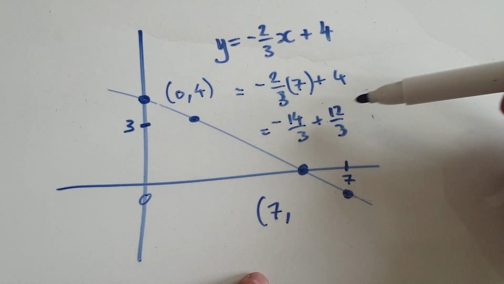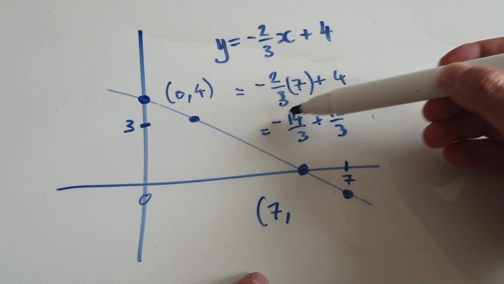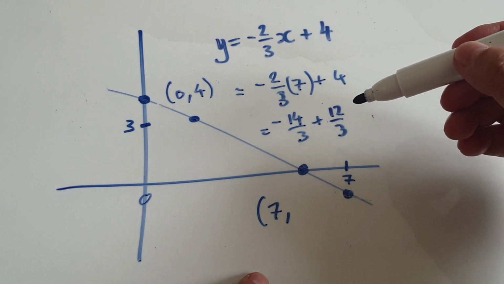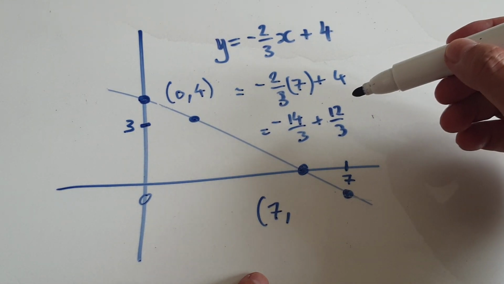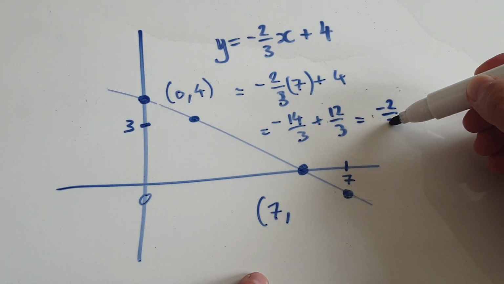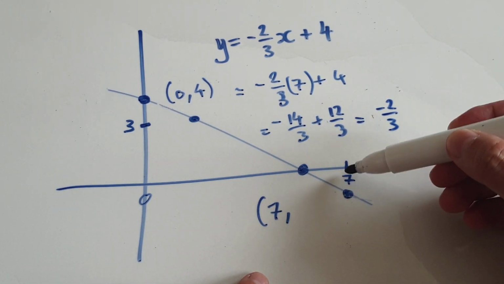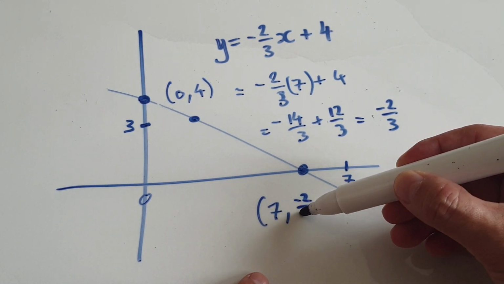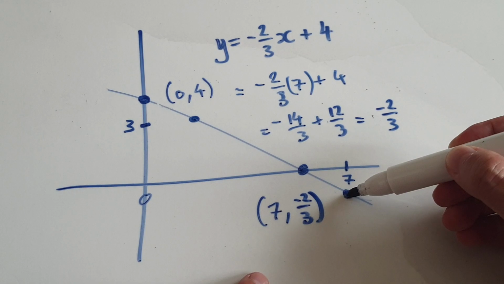So that would be negative 14 plus 12, which is negative 2 over 3. So the y coordinate here will be negative 2 over 3. So that's this one done.